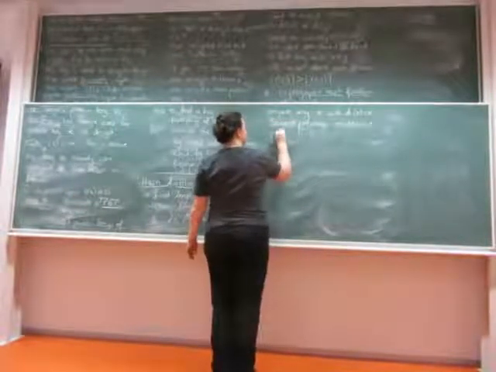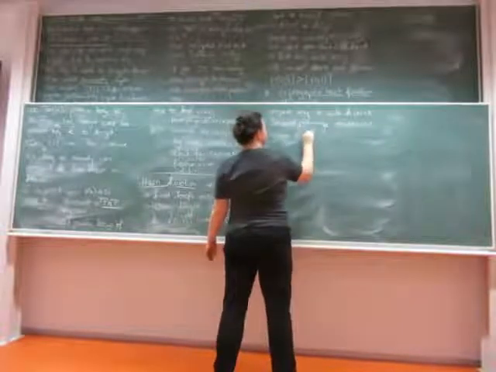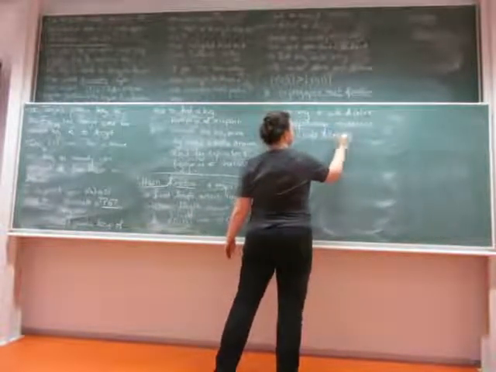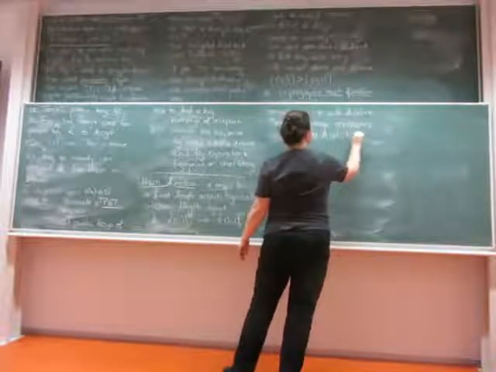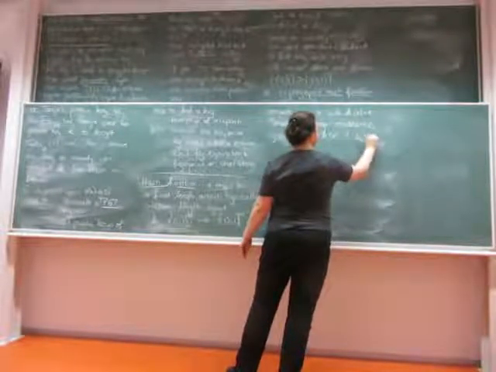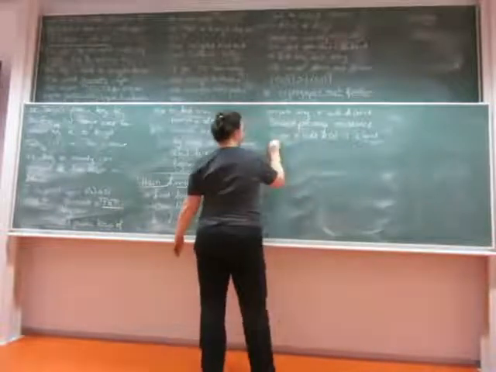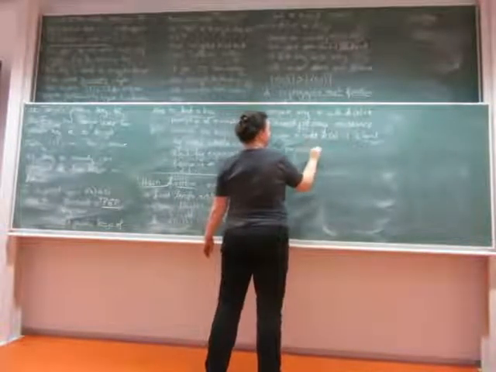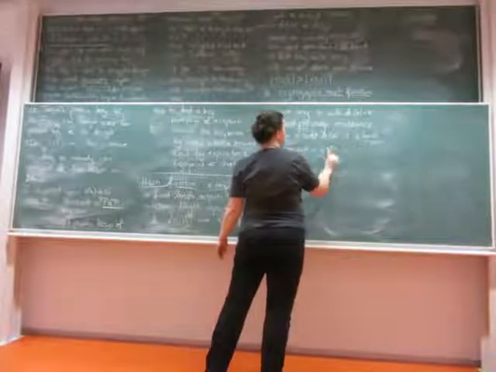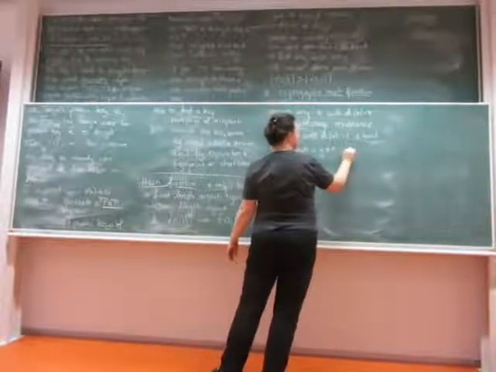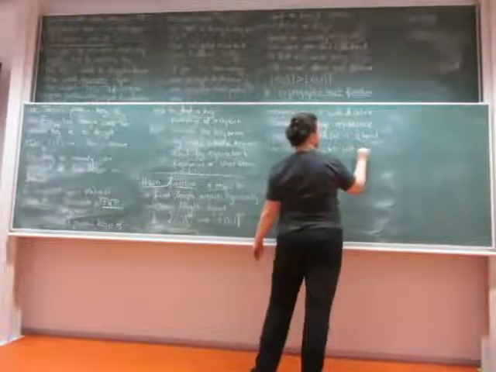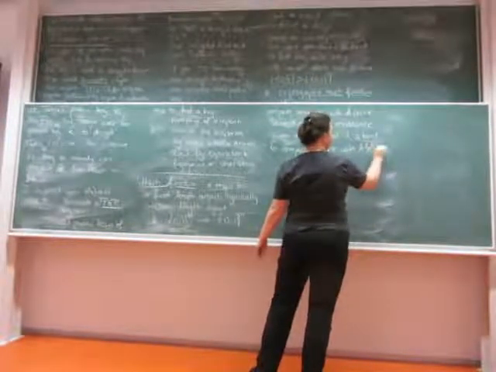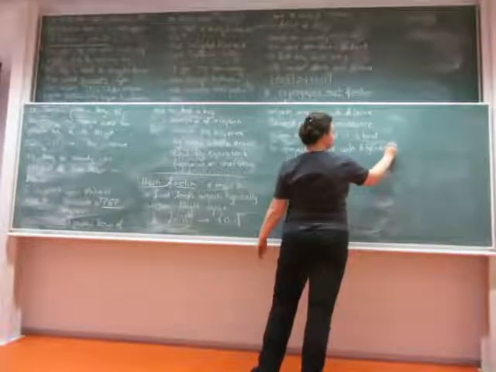So given x and h of x, it is hard to compute a y, well, it has to be different from x, with the hash of y being the hash of x.